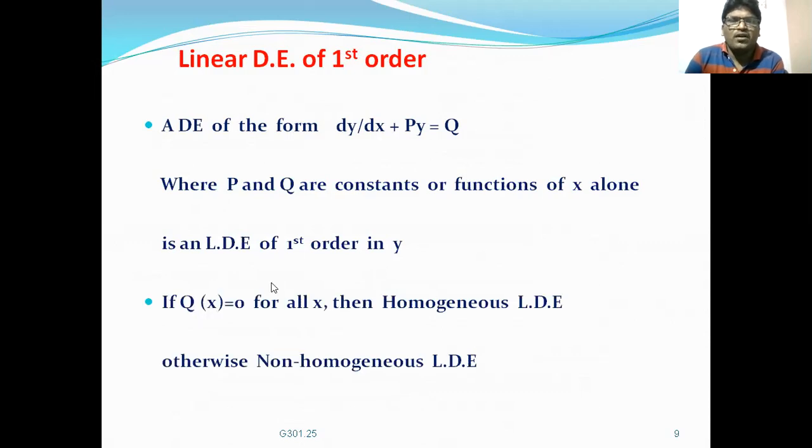If this q of x is equal to 0 for all x, then it is a homogeneous linear differential equation, otherwise it is a non-homogeneous linear differential equation. Otherwise, q is not equal to 0, and the given non-homogeneous equation is also a linear differential equation.